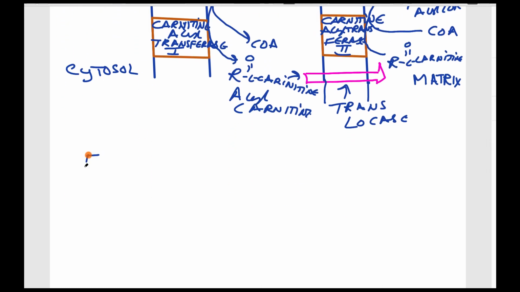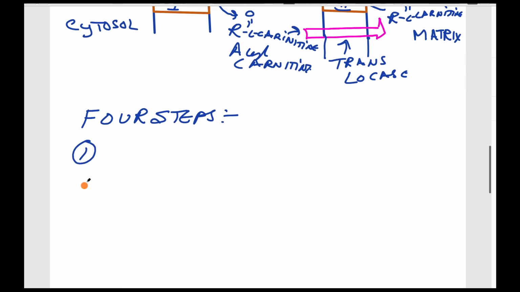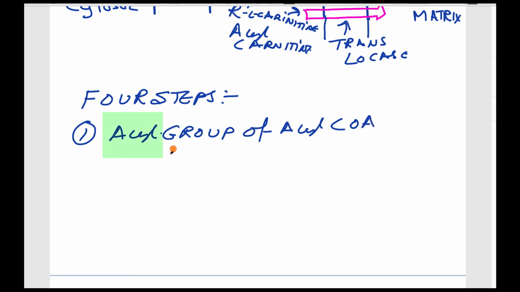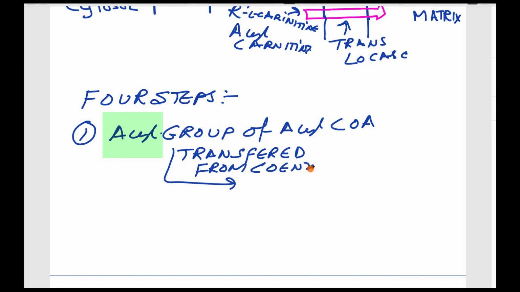Then let us see the various steps. As I said, 4 steps are there in this transport. The first one is, acyl group of acyl coenzyme A is transferred from coenzyme A to carnitine.